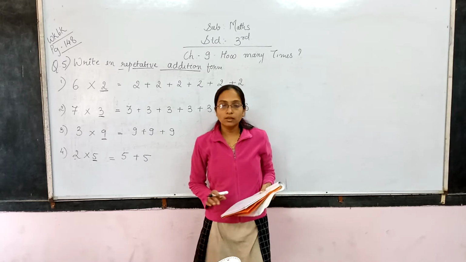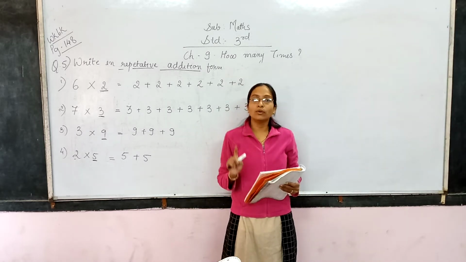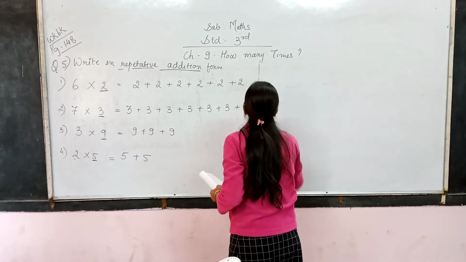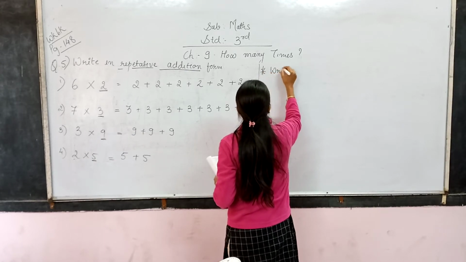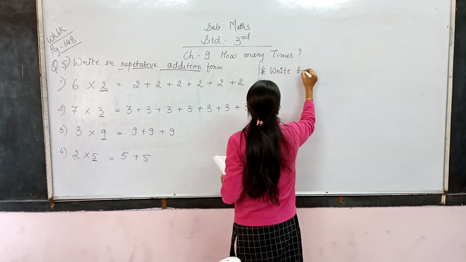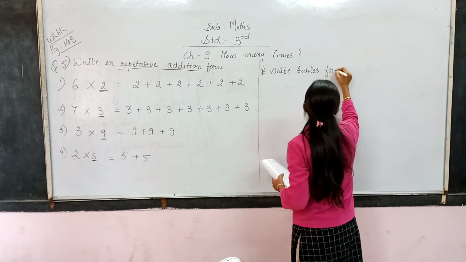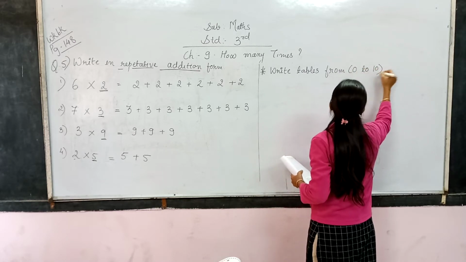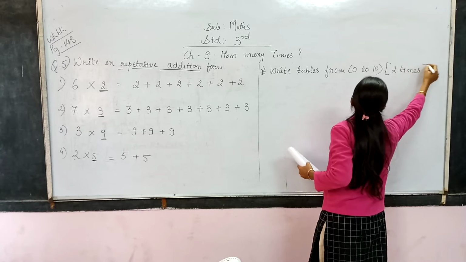This table from 0 to 10 you have to write in your notebook. 2 times you have to write. Okay, 2 times you have to write the tables from 0 to 10. Write tables from 0 to 10. How many times? 2 times. Okay.